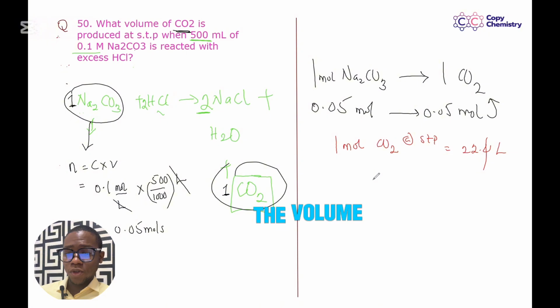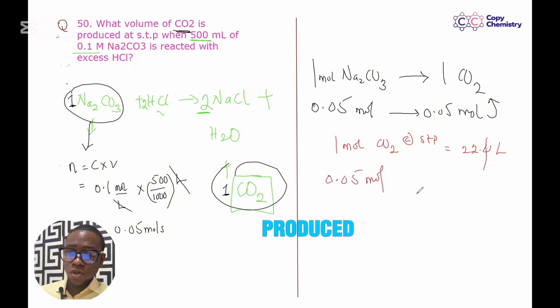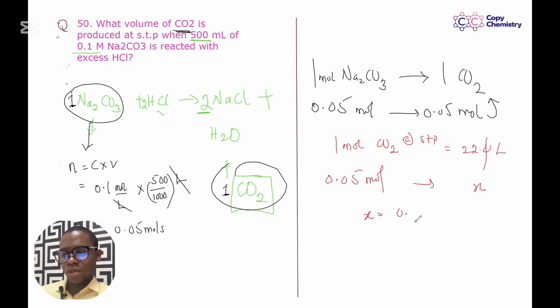So if we want to get the volume produced, we know that 0.05 mole was produced. Then that means our amount in volume would be 0.05 times 22.4. And what would that give us? 1.12 liters. And that is the answer.